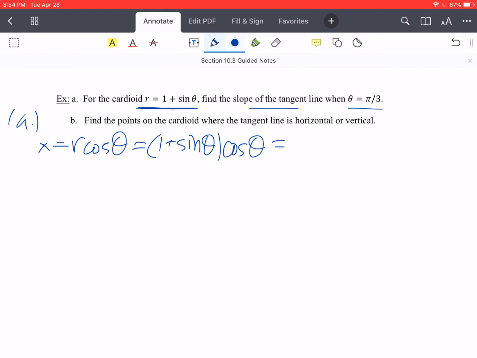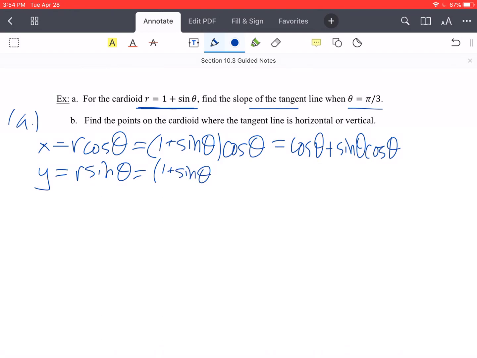Expanded out, we get cosine theta plus sine theta cosine theta. We have y is r sine theta. So that's 1 plus sine theta times sine theta. So that's sine theta plus sine squared theta. Okay.